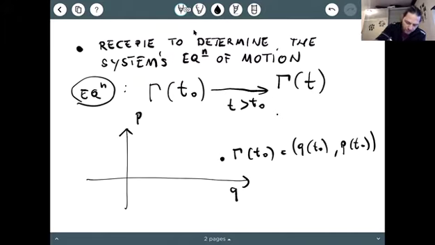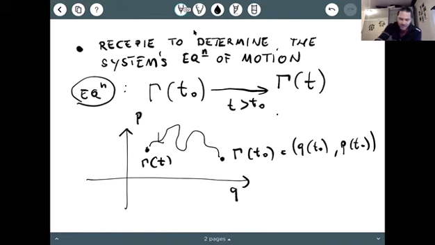And what I want to find out is how this state evolves in time, so that at some later time I get a different position and a different velocity. So clearly, if you want to understand how a state evolves with time, you need a differential equation.